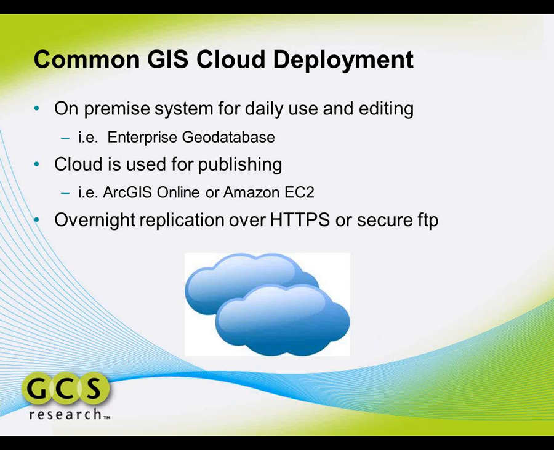Right now, what I see people doing is they keep their on-premise environment, their on-premise ArcSDE SQL Server instances, and then they use the cloud for publishing. So maybe ArcGIS Online or an instance of Amazon or IBM Cloud or what have you, and they will push their data up to the cloud, if it's daily replication or weekly, and that's how they serve their customers, is through the cloud. And then internally, they still pay for their licenses to maintain their ArcSDE on-premise.